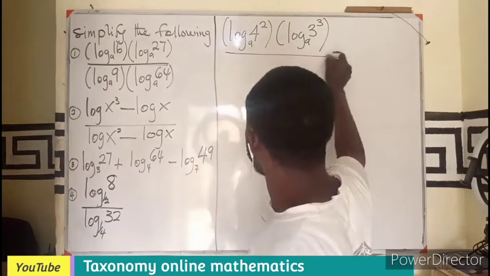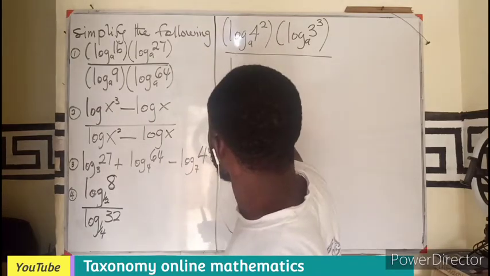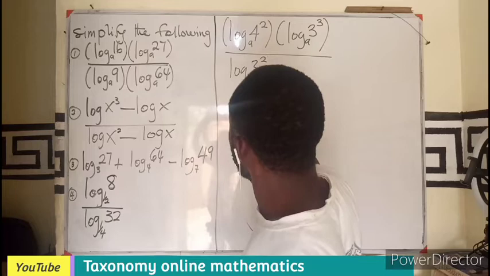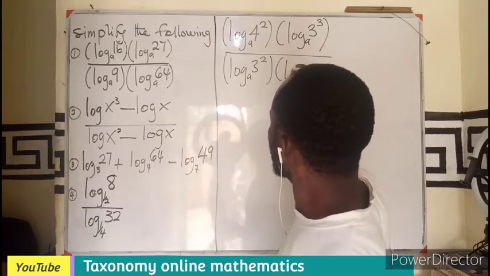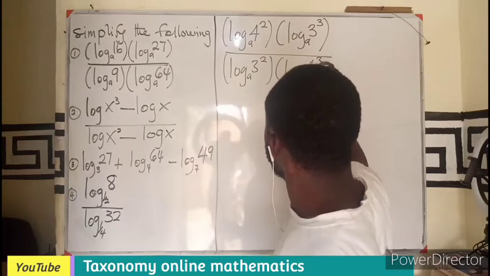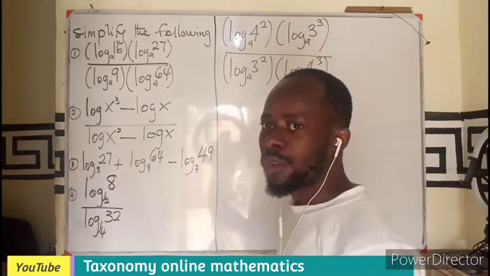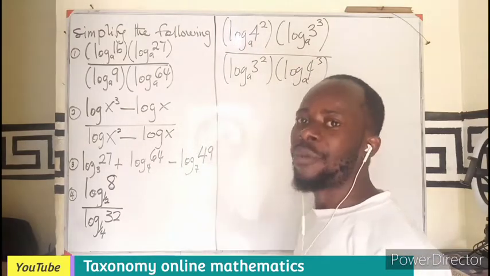I will divide that by log 3 exponent 2 base a, which gives you your 9. Then log 4 exponent 3 base a will also give you the 64.